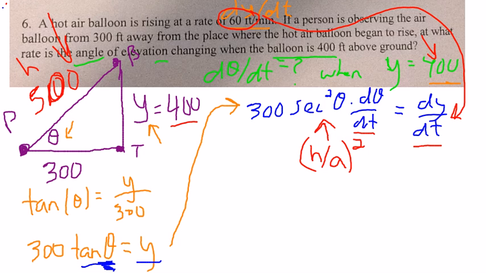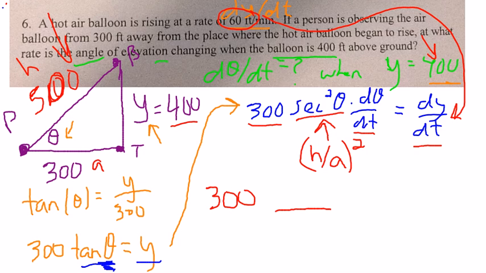And my adjacent is 300. So now what I can do, instead of trying to find theta and then do secant squared of that angle, I am just going to use the triangle to find what secant squared is. So let me rewrite everything. 300 shows up first. Secant squared theta is hypotenuse over adjacent squared, so I'll draw a fraction.